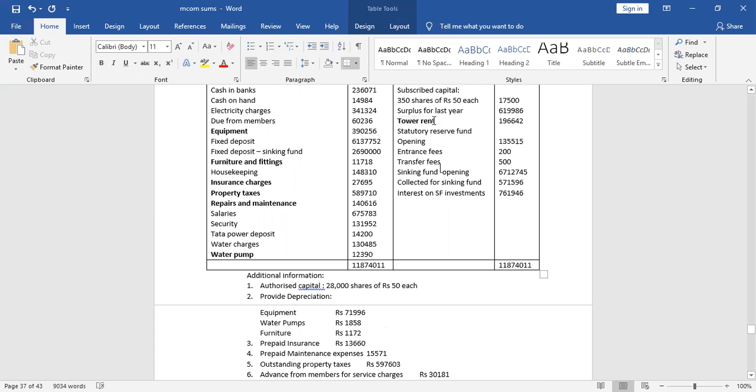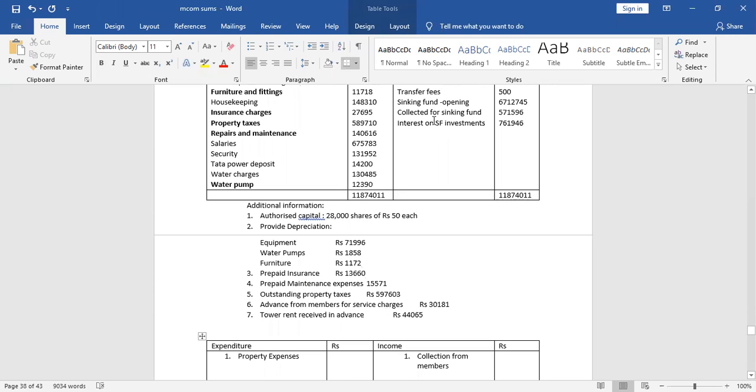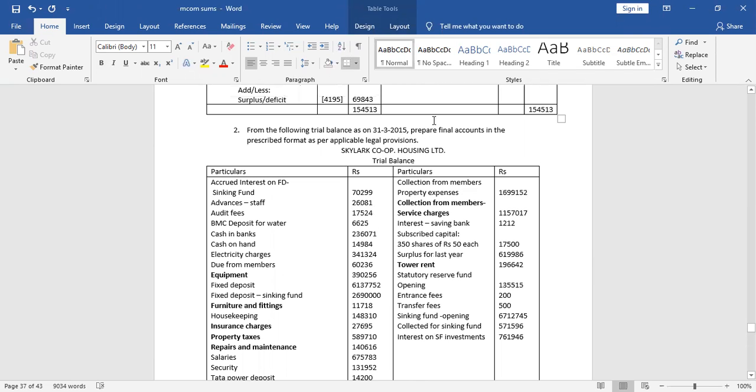So we have marked all the adjustments. Now we can start with the sum and we will start with the posting. Interest accrued on FD sinking fund 7299.